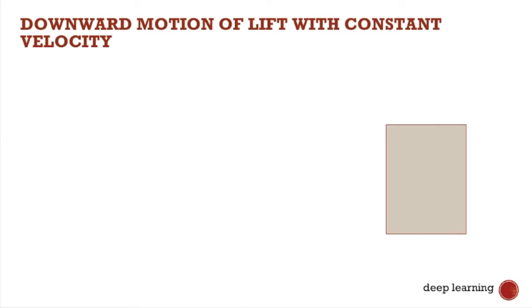A similar case will happen when the lift is moving downwards with constant velocity. Again, weight mg will act in the downward direction, normal reaction N in the upward direction, and the lift is moving downwards with constant velocity v. Let us discuss.